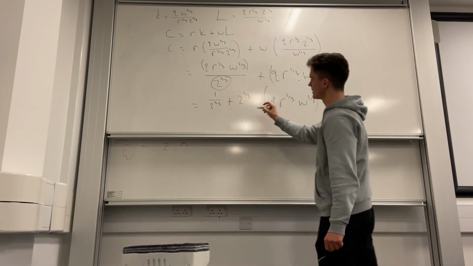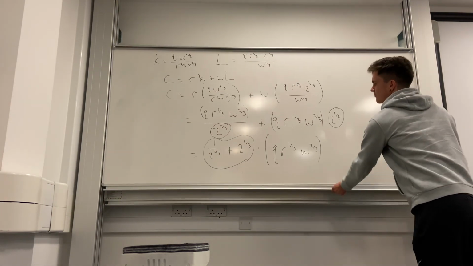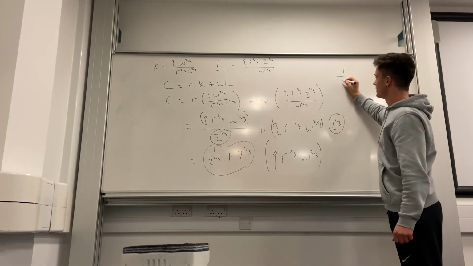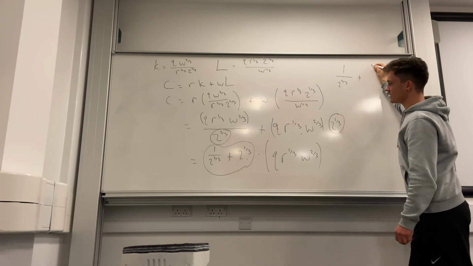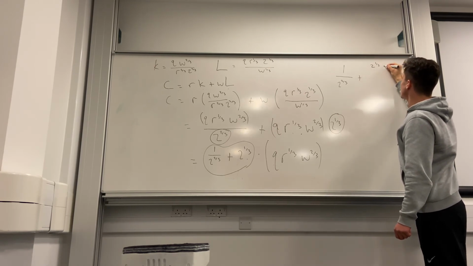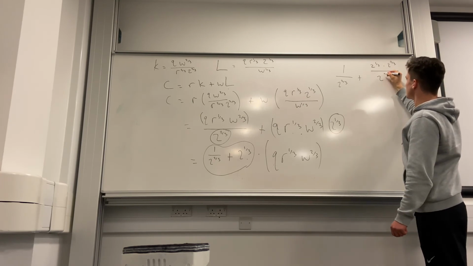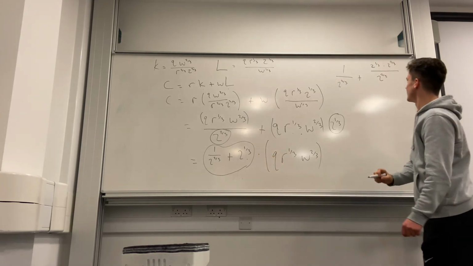So to get this part, which is a bit tricky, we come up to the top, we express that as a fraction, so we get 1 over 2 to the power of 2 over 3 plus 2 to the power of 1 over 3 times 2 to the power of 2 over 3 over 2 to the power of 2 over 3 when we express that as a fraction.